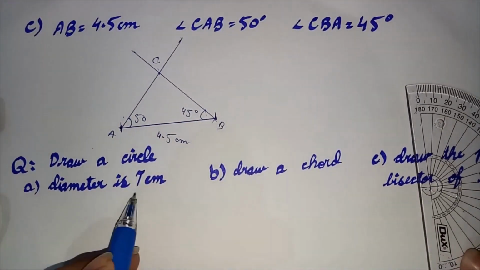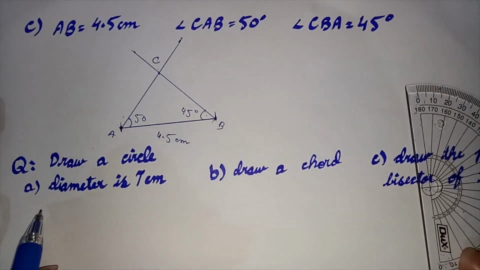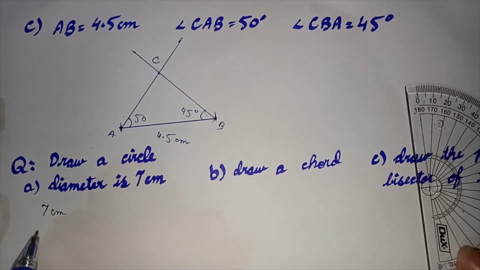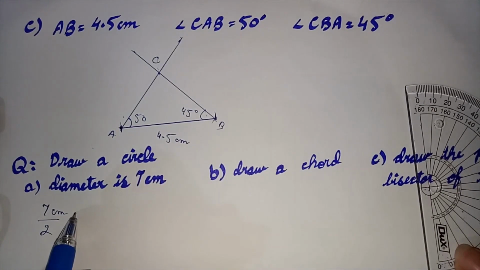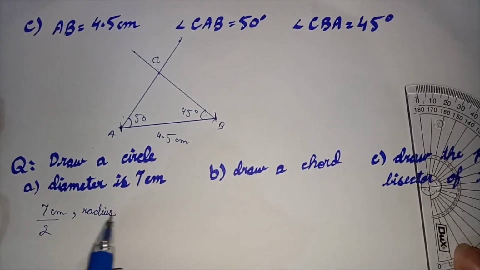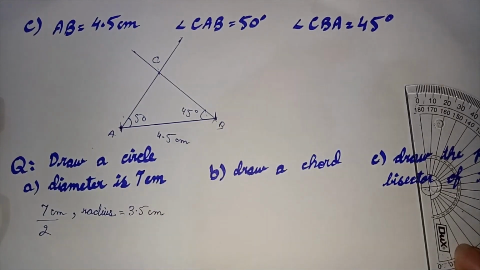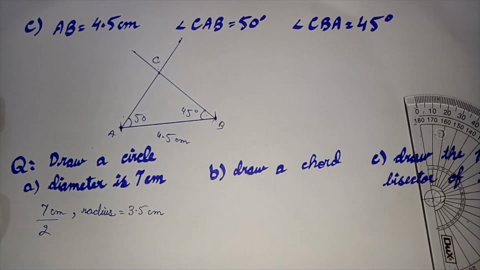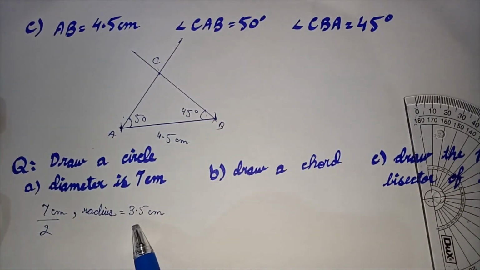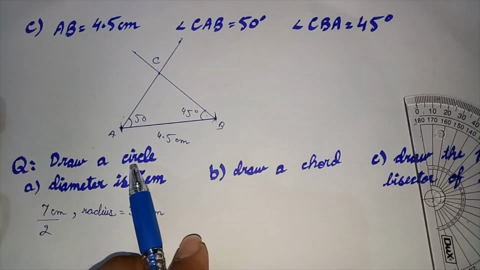So if I divide this 7 centimeter diameter by 2, I will get the radius. Okay, so our radius will be 7 divided by 2, equal to 3.5 centimeters. This is our radius. Alright, so with the help of this radius we can draw the circle.